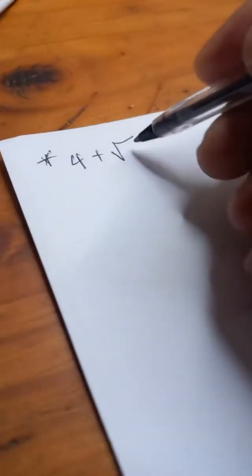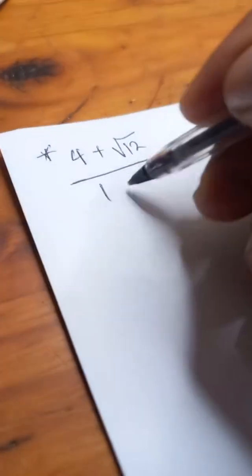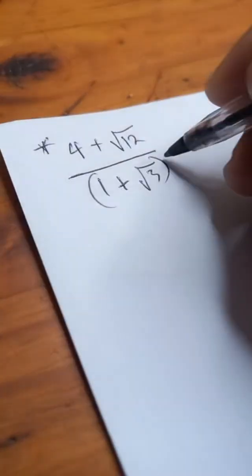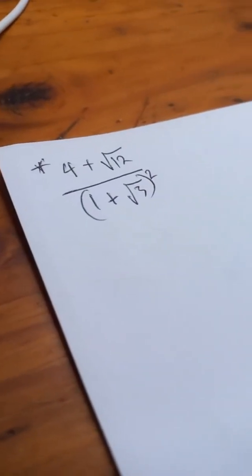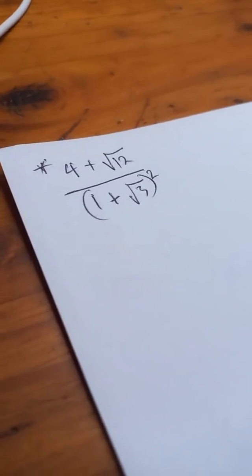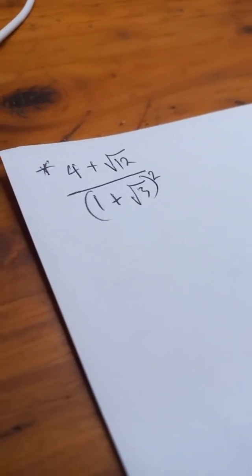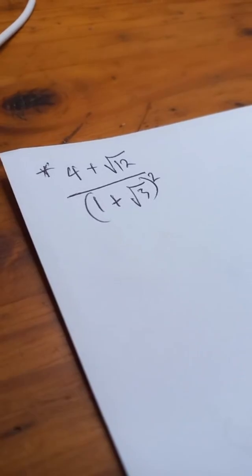We have 4 plus square root of 12 all over 1 plus square root of 3 squared. And then these guys, they say simplify.